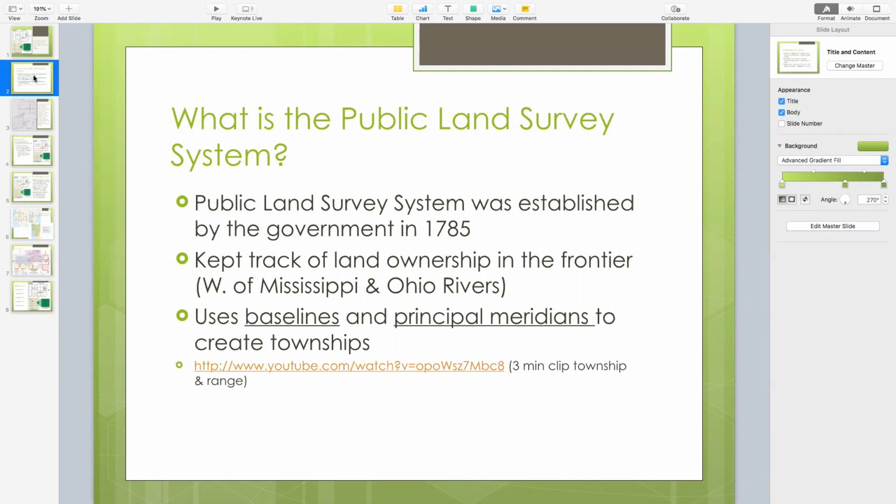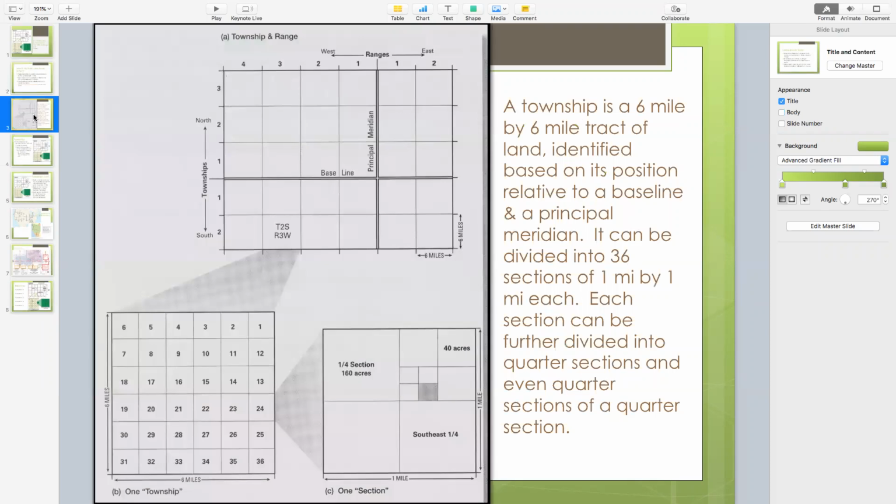What I mean by that is that it uses baselines and principal meridians to create townships. These townships are 6-mile by 6-mile tracts of land. Again, the townships are 6-mile by 6-mile tracts of land.